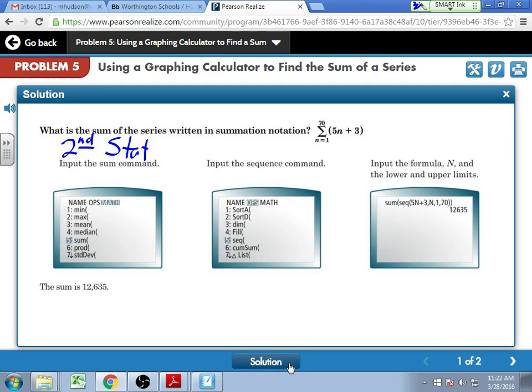Go back into the second stat menu. But now you go to operations. Notice here, this one was math. This one was operations. So now we tell it we're doing a sequence.